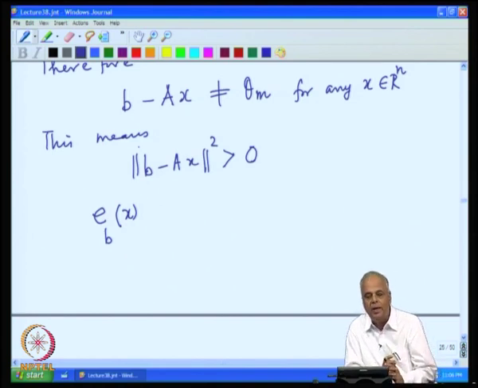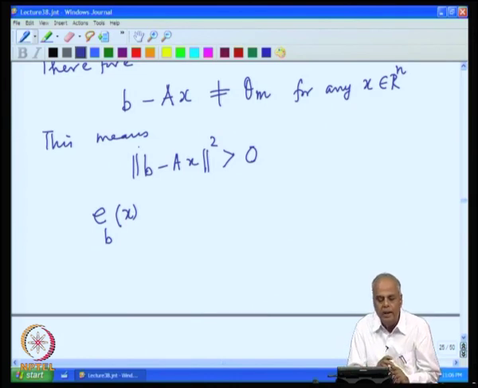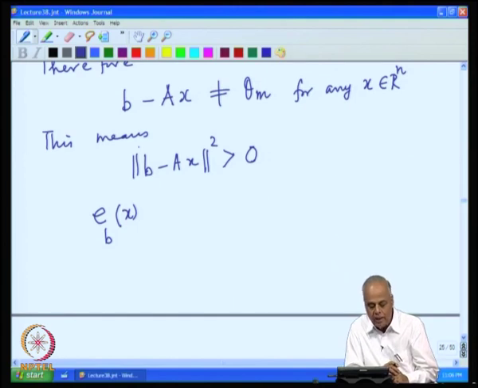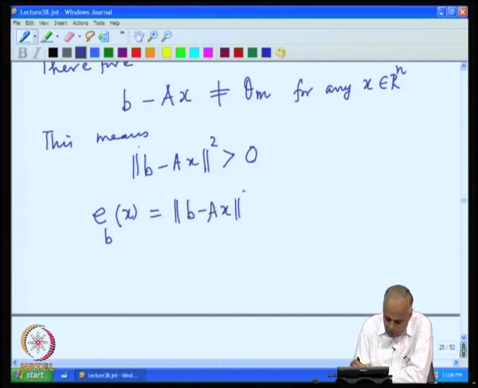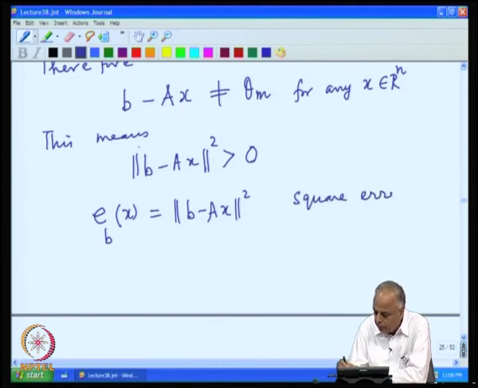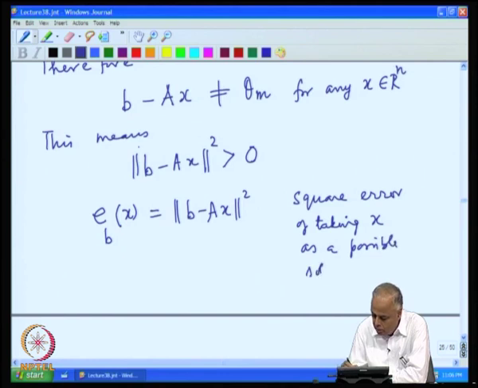If I had taken x as the solution, I should have got B, but I did not get B. So the error is the norm of B minus A x squared, and that I will call the square error E of B, x. It is called the square error of taking x as a possible solution for A x equal to B.